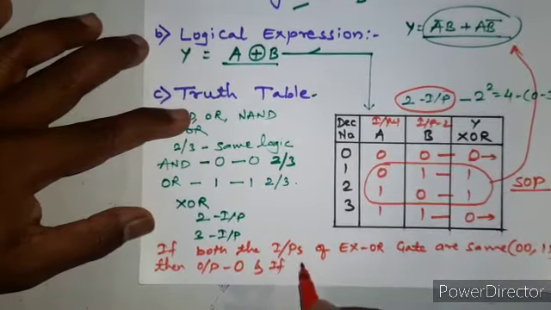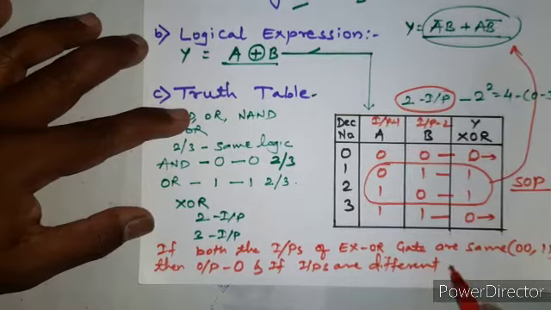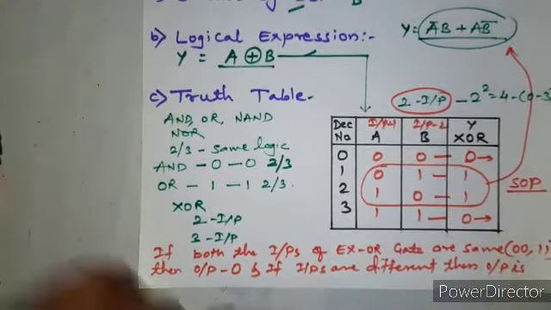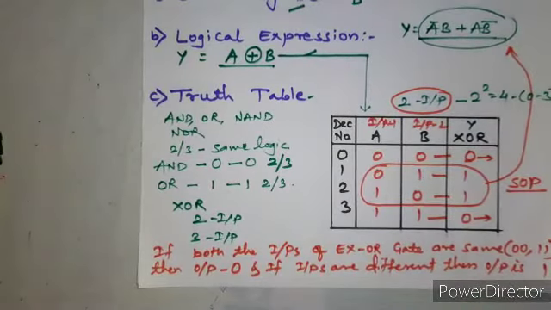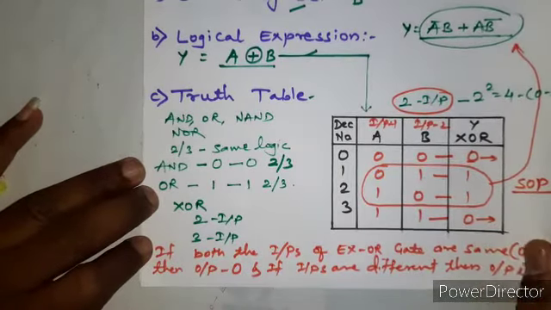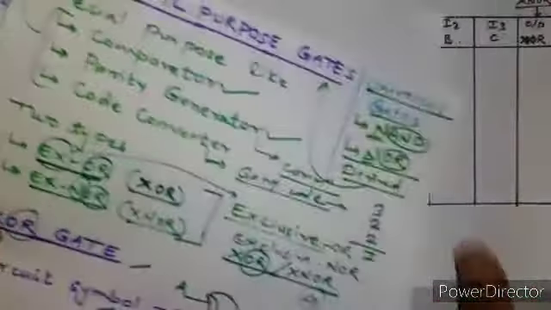And if the inputs are different, then the output is 1. So this can be the logical statement for the 2 input XOR gate. I am very specifically mentioning the 2 input XOR gate, right? Now let us see the 3 input XOR gate.